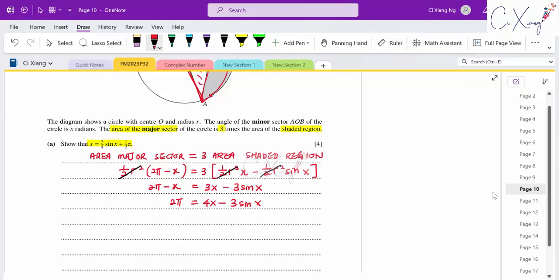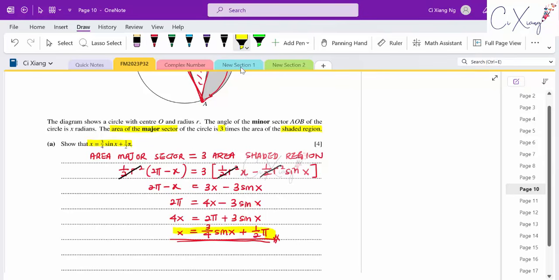And then it's quite obvious if I group 4x on one side and the other terms on the right, I will very easily get x equals 3 over 4 sine x, plus 2 pi over 4. We simplify 2 pi over 4, you get 1 over 2 pi. Okay, so this is how we prove it.